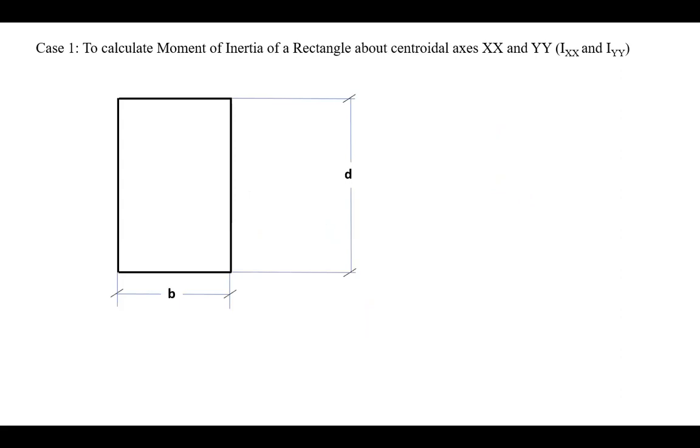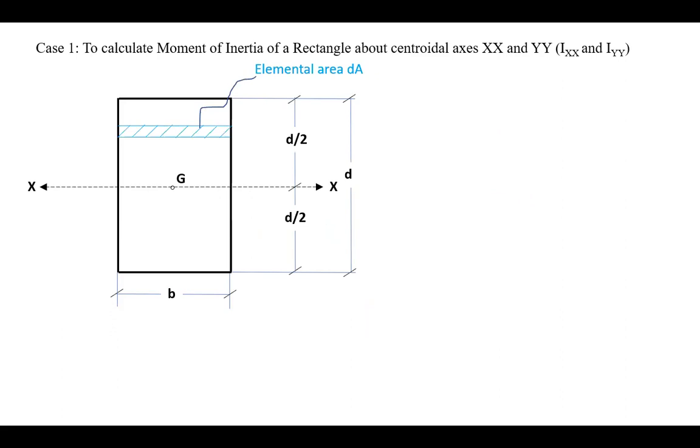To calculate the moment of inertia about central axes xx and yy, let us consider the rectangle b by d, and let G be the centroid as usual. The x-axis is as shown. Since the centroid divides the depth equally, the distances from the base will be d by 2 and d by 2.